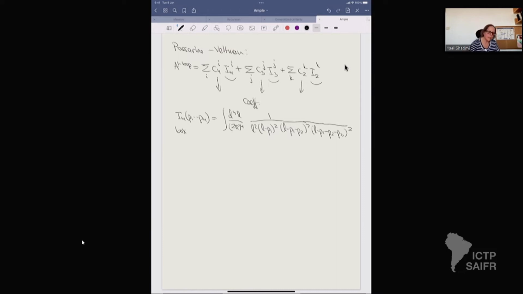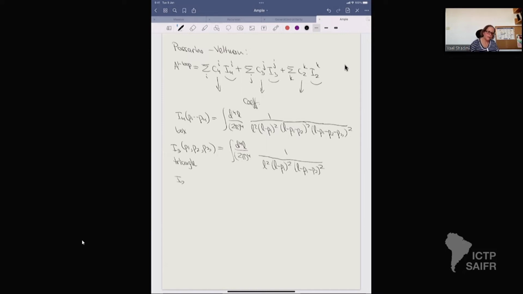And then similarly, I3 of P1, P2, P3 is a triangle integral. It's d4L over 2 pi to the 4th, 1 over L squared times L minus P1 squared times L minus P1 minus P2 squared.